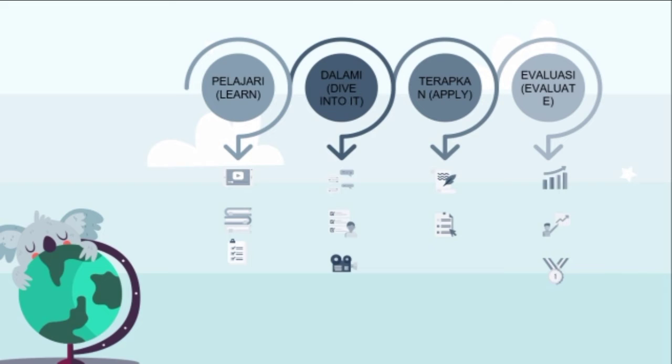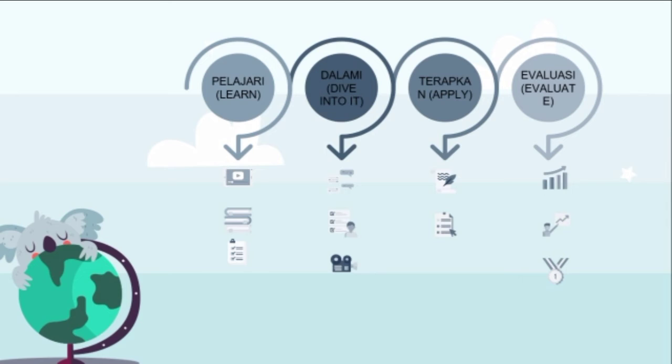Alright, next, terapkan or apply. In this step, the teacher may use Google Classroom, Schoology, or e-learning that is used to give an online assignment to the students, to apply what they have learned. And the last part is evaluasi or evaluate.